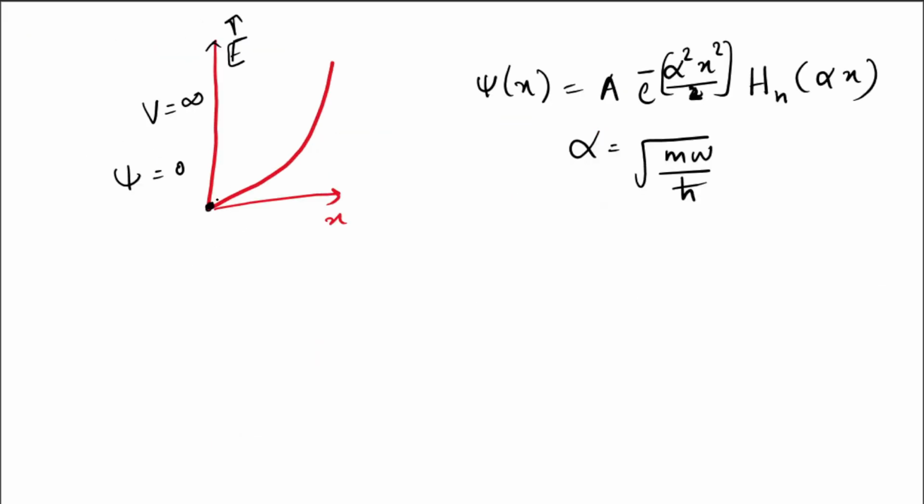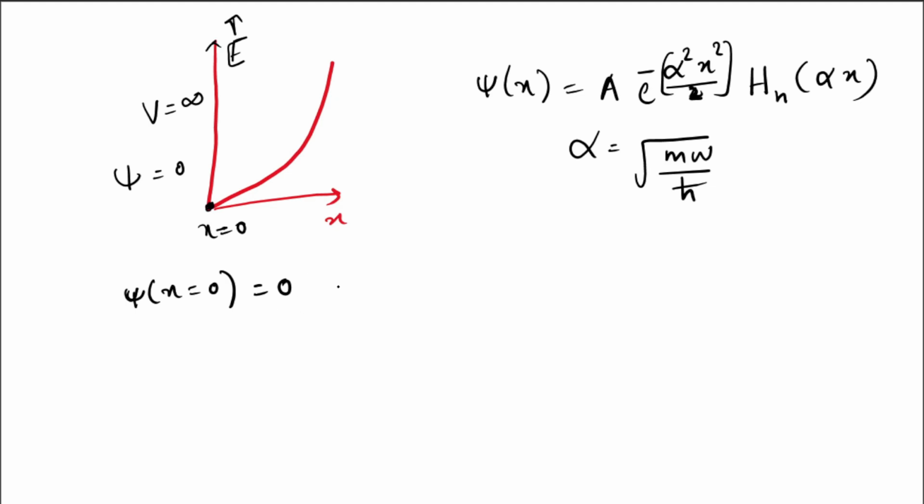As I said, to maintain continuity, the wave function's value at this point, x equal to 0, should be equal to 0. That is, psi at x equal to 0 should be equal to 0.